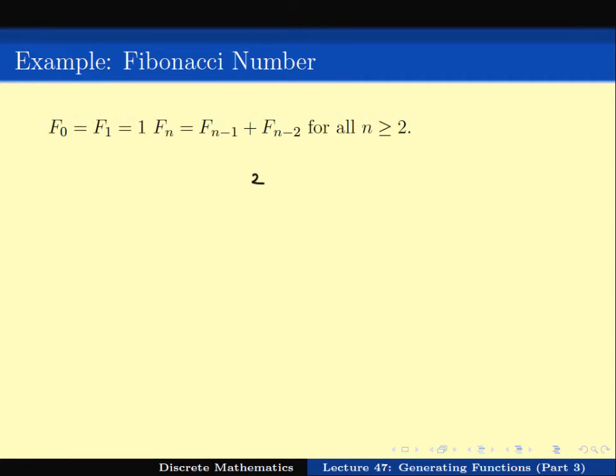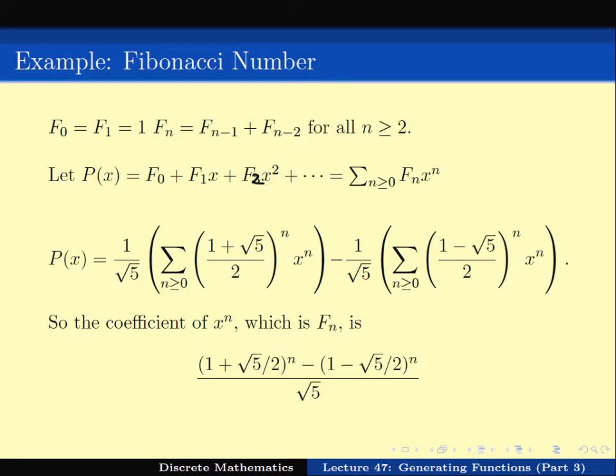So, in other words, we get that the coefficient of x to the power n is f_n, which is, I just substitute the alpha and beta here, ((1 plus square root 5) by 2) to the power n minus ((1 minus square root 5) by 2) to the power n, all divided by square root 5. So as you can see, almost like magic, one can come up with a compact form of the Fibonacci number, which is quite an impressive job.